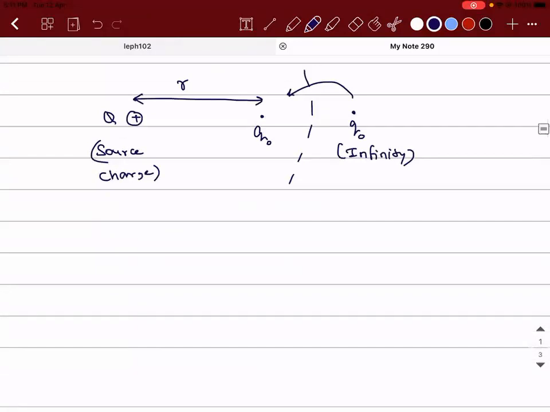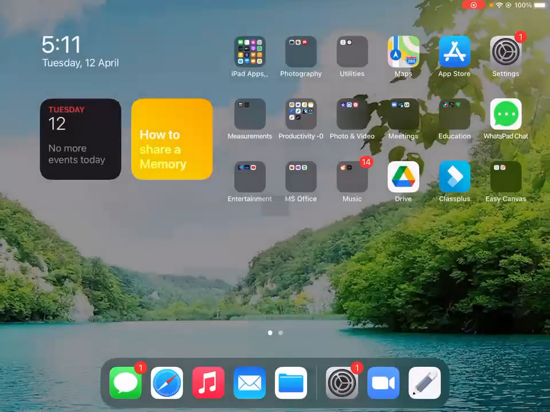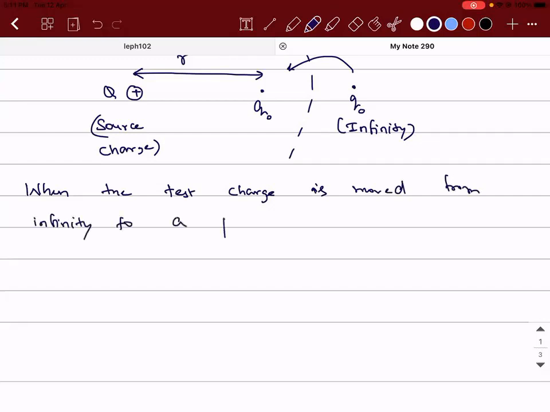So what is the value of the force when the test charge is moved from infinity to a point at a distance r from the source charge?